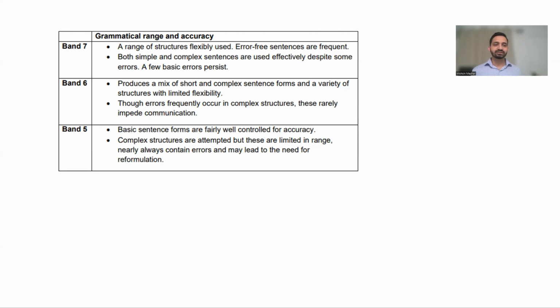In terms of band 7, a range of structures is flexibly used, error-free sentences are frequent. Both simple and complex sentences are used effectively. Despite some errors, there are few errors and very few basic errors persist. You can score 7. So you should always aim for using complex sentences. Very important that you use complex sentences without errors. So that's why it's very important that you improve your grammar. Otherwise, you will struggle getting that band 7.